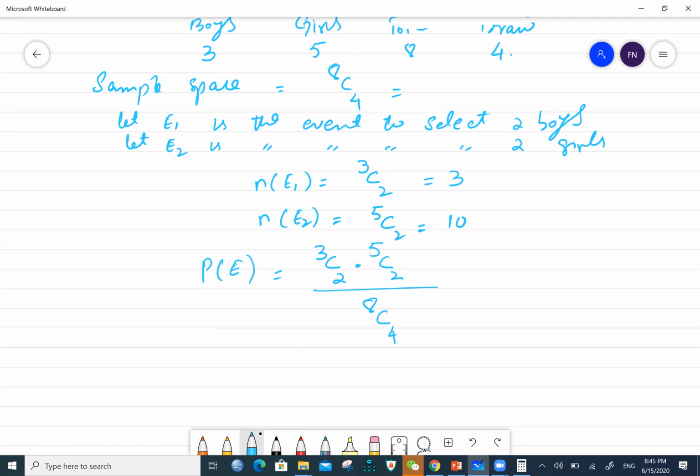Is that clear? We are multiplying total number of outcomes of the first experiment with the total number of outcomes of the second experiment. Like 2 boys are coming from 3 boys, 2 girls are coming from 5 girls, and in total 4 students are coming out of total 8 students.